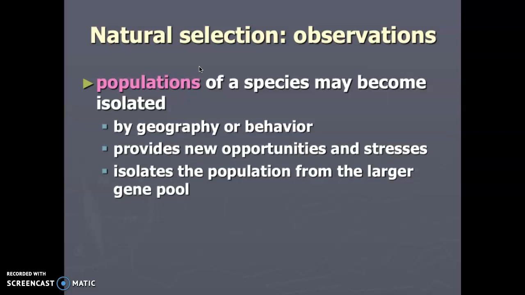A flock of birds can get blown over to an island and then can't get mixed in with other birds of their species again. But it can also occur just because of certain behaviors. So the birds that like a certain type of bush or shrub may not mix up and reproduce with other birds of their species if those other birds are taking advantage of some different kind of food source.